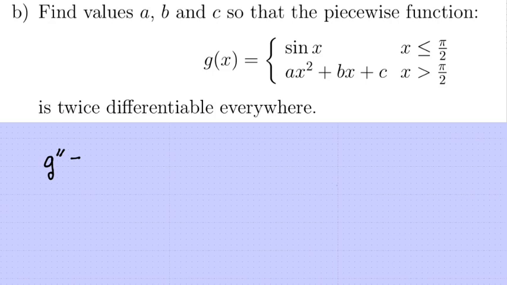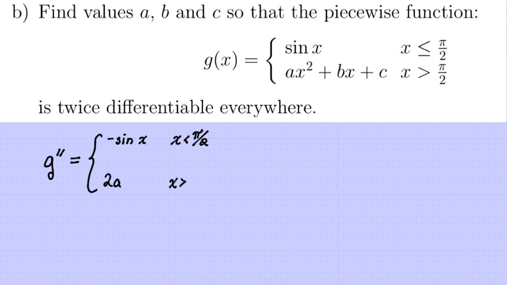Now I don't know what g double prime is, or if it's even going to exist at x equals pi over 2, but everywhere but pi over 2, I know what the second derivative is. So the second derivative of sine is negative sine, for x less than pi over 2. And then the second derivative of that quadratic is just 2a. It's a constant.